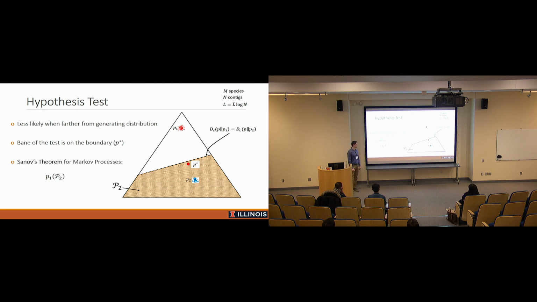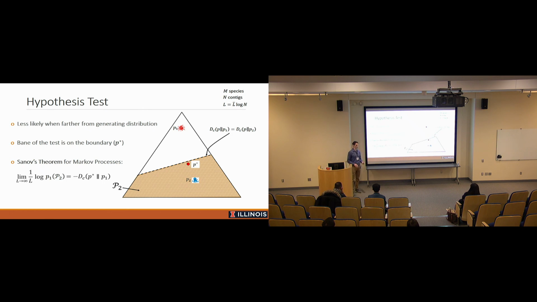Okay, so another classic information theory result is that Sanov's theorem tells us that the error exponent in this hypothesis test is the KL divergence between P star and P1. But here, again, it's interesting that this is actually a conditional KL divergence.